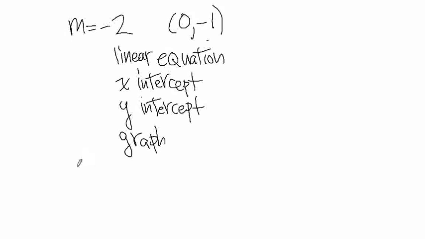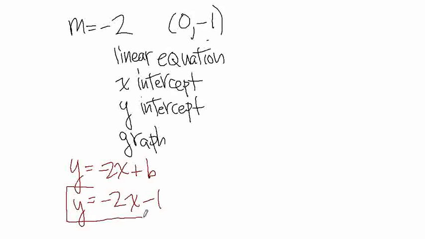Okay, so the linear equation will be y equals minus 2x plus b for some b. But notice that the given point is the y-intercept. So if you remember the meaning of b, you know that the linear equation is y equals minus 2x minus 1. Okay, and so the y-intercept is (0, minus 1), so we like that.